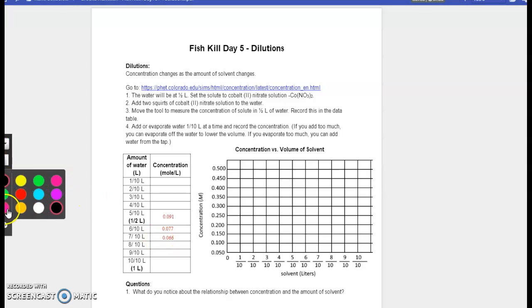Then we're going to draw. Use whatever color you would like to draw on our chart here. So half a liter is 0.091. Since we went this way, we are at 6/10. So 6/10 is here. And then 0.077, and then 0.066.